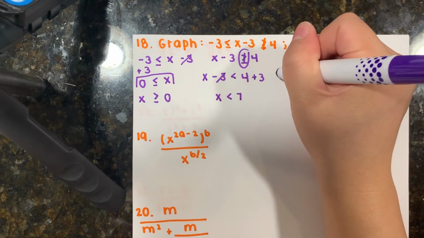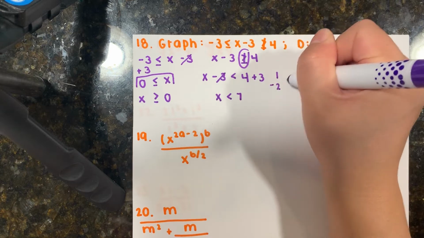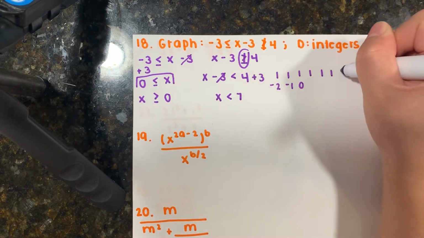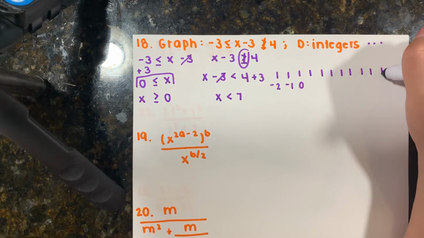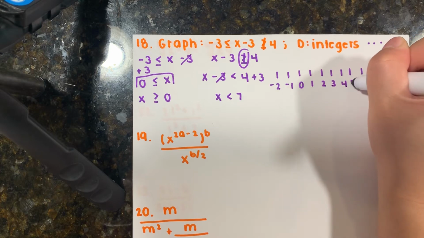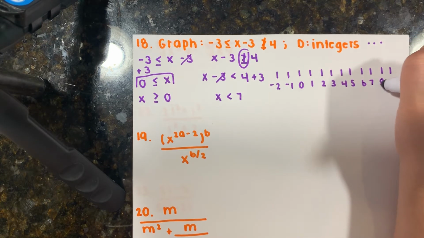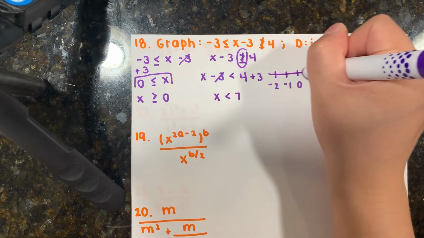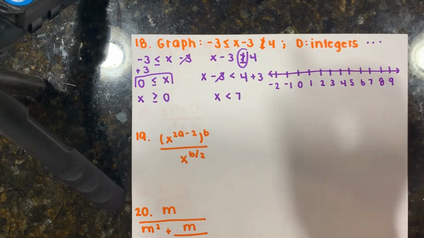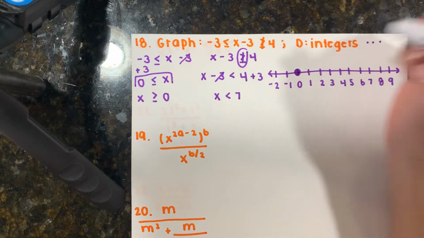So on my number line, I have -2, -1, 0. So that's 1, 2, 3, 4. That's my number line. Now, if it's going to be greater than or equal to 0, that means it can be equal to 0.